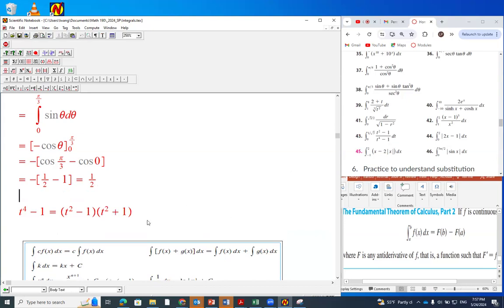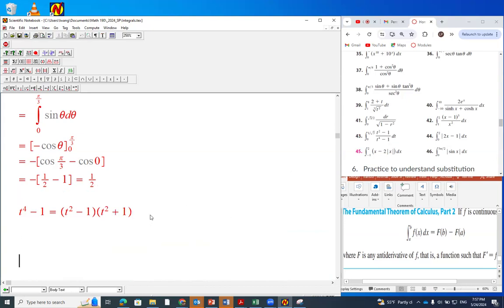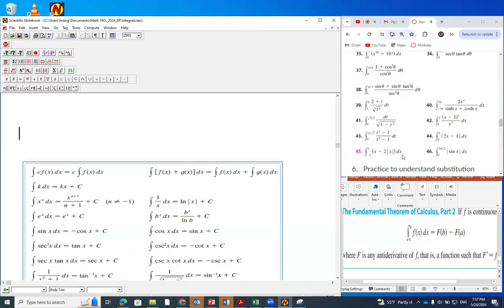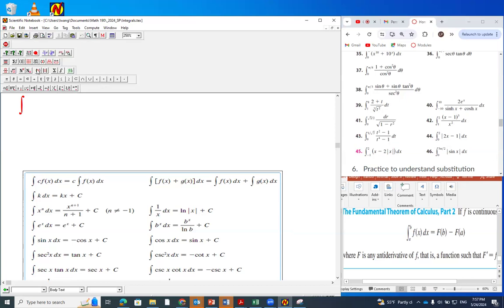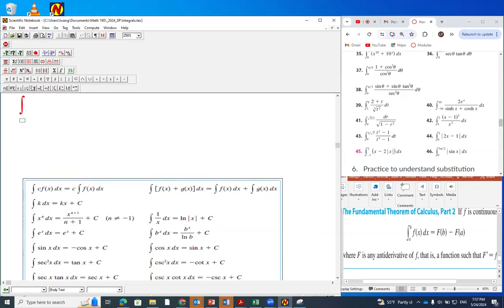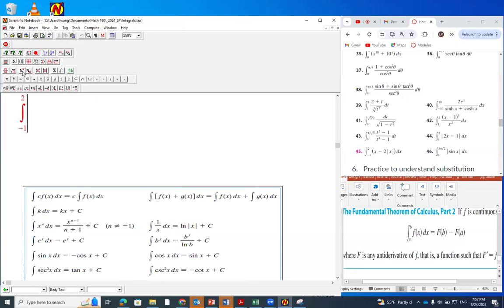So last but not least, I'm going to do 45 for you because this one involves absolute value. So we have the definite integral from -1 all the way to +2, and the function has an absolute value.